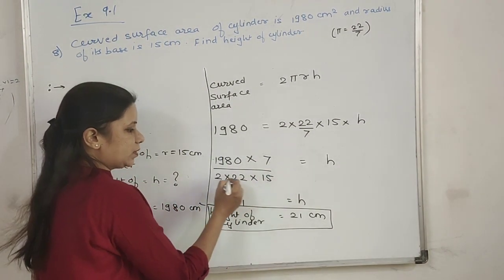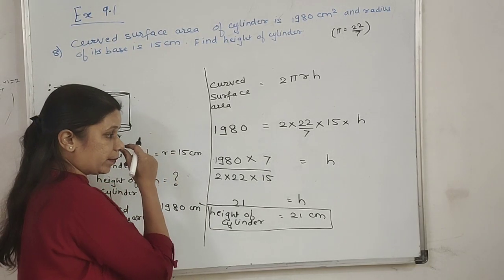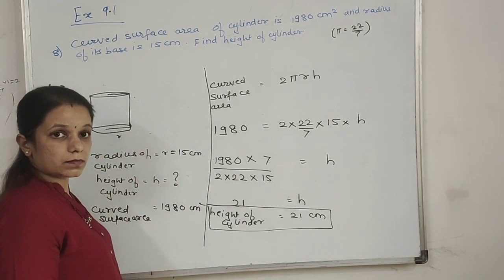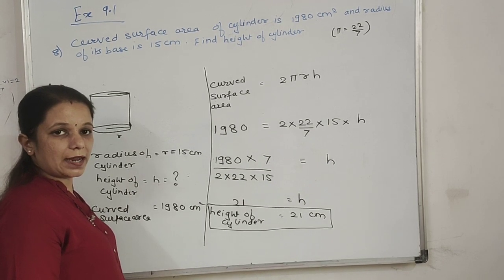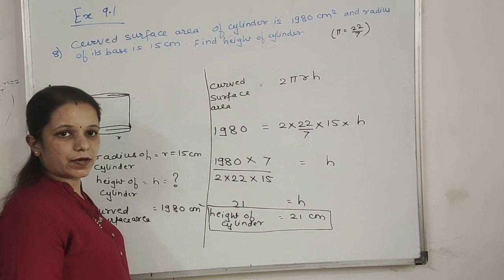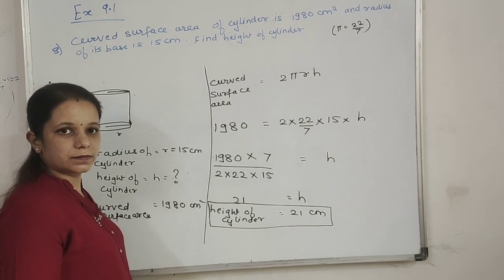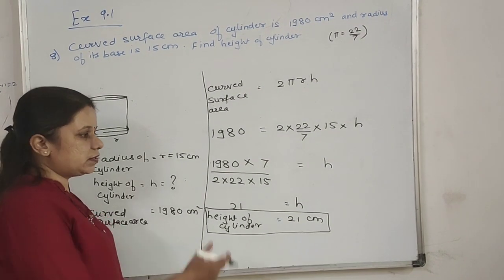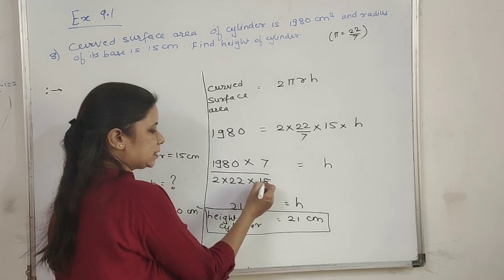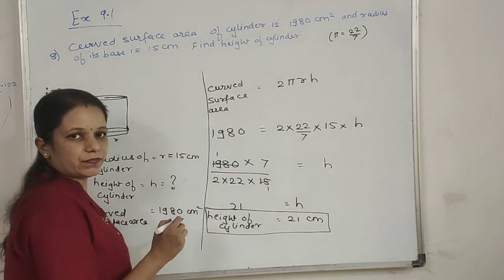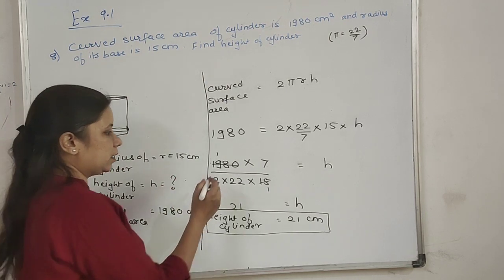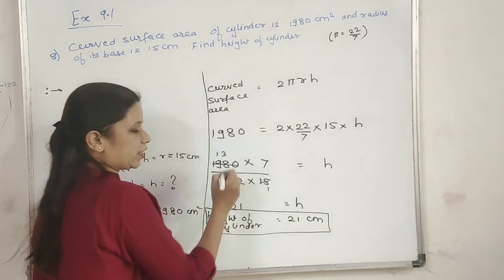Now how can you perform this calculation? You'll have to multiply, divide and perform the calculations. So we will just see the calculation part. It is very easy. 15 ones are 15. You have 4 remaining. 15 threes are 45.